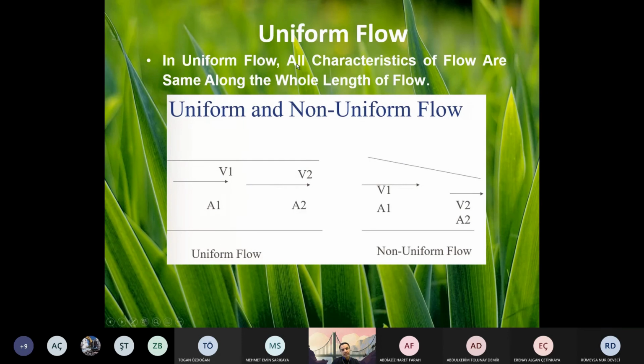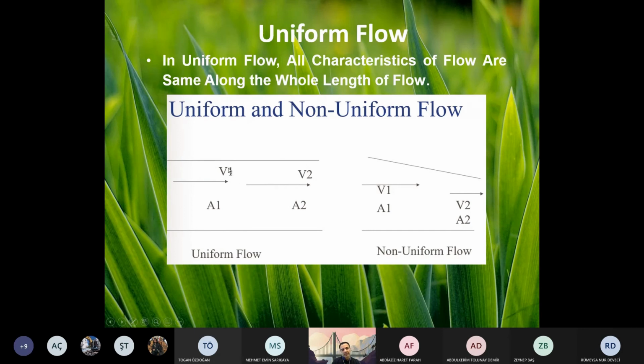Uniform flow, as we already discussed in this definition, means all characteristics of flow are the same along the whole length of flow. For example, you see here flow along from here to here, and we have different characteristics along the flow.